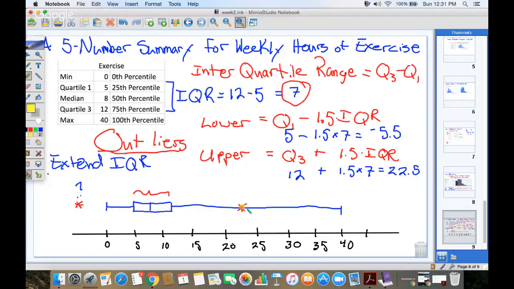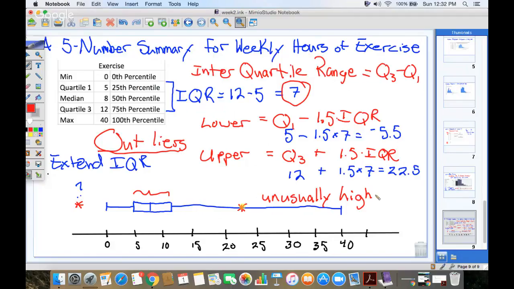And so any number that's bigger than 22.5 out here on the side is an unusually large number of hours compared to everybody else. So these numbers out here are unusually high compared to everybody else. Every data set has a different range, which we could say is normal based on the other people in that data set.